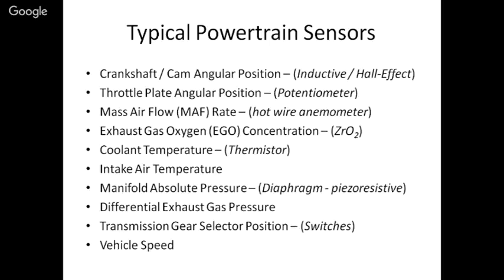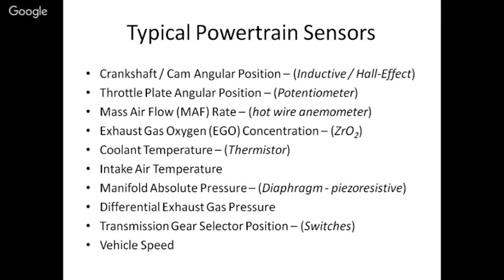MAP sensor or manifold absolute pressure sensor is diaphragm type, which is a piezoresistive type. Similarly, differential exhaust gas pressure, again diaphragm type. Then transmission gear selector position, what's the position of the gear. There are switches like inductive or Hall effect, and then the vehicle speed, the RPM, again they are tachometer type.